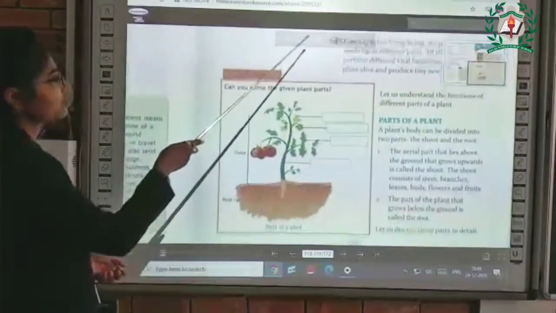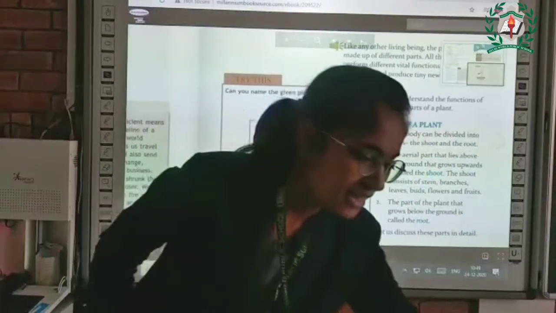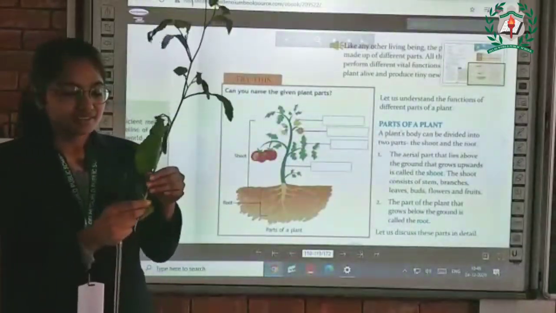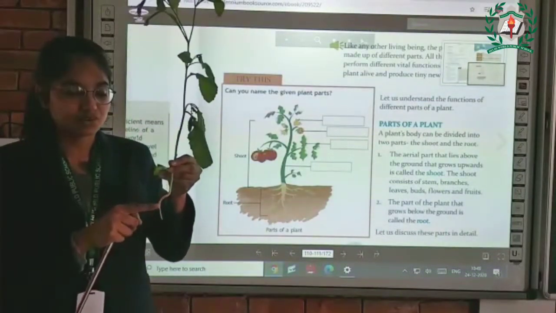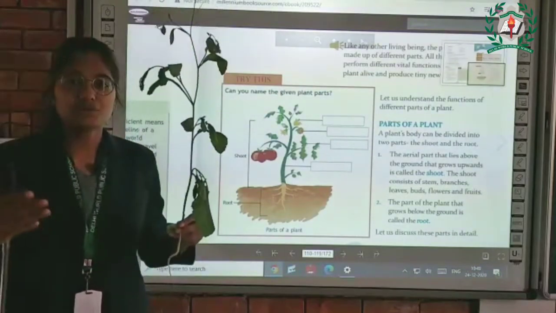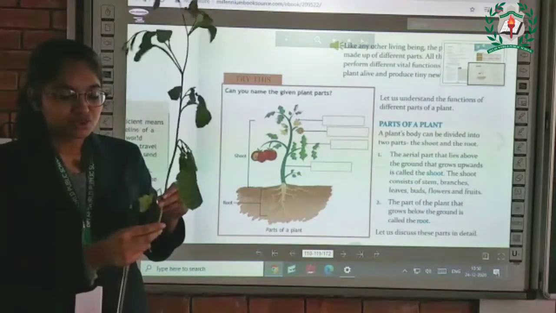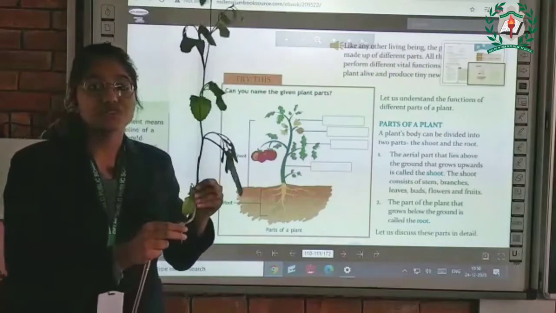So, you must have seen that the plant looks like this. See, I have this plant and this is the root of the plant. The part which remains under the ground is the root, and the part which remains above the ground is called the shoot. So this is the root, it remains under the ground and it is attached to the soil.